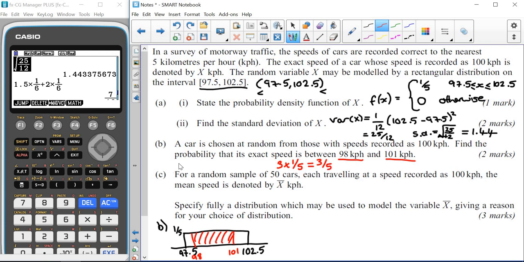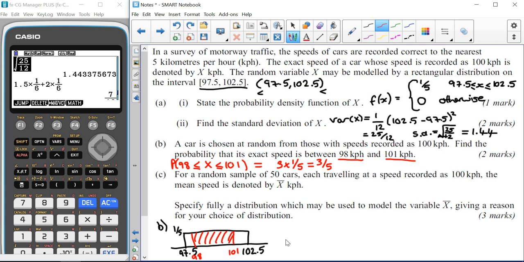And if we wanted to write that using the probability notation that we have, it would be the probability that 98 is less than x is less than 101, and we can put those as equal to signs. Remember, it doesn't matter because this is a continuous function, which means the probability of x taking on any singular value is 0.